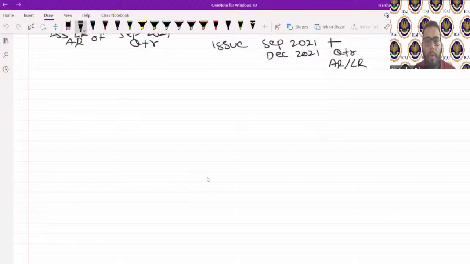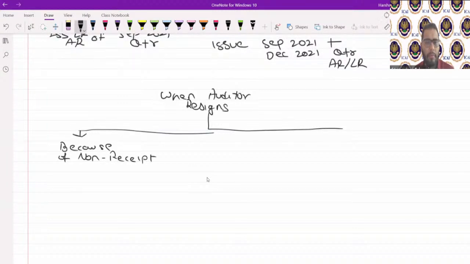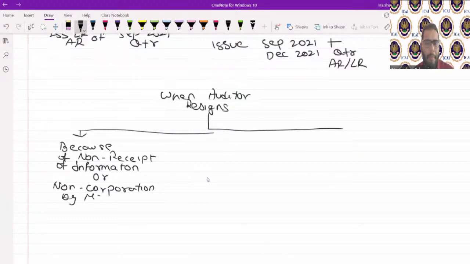So when an auditor resigns, there can be two scenarios. One, because of non-receipt of information or non-cooperation by management.